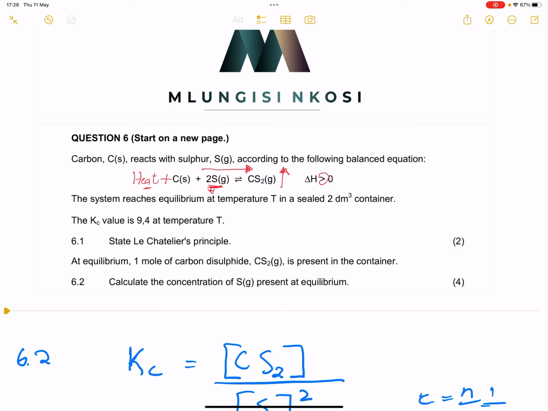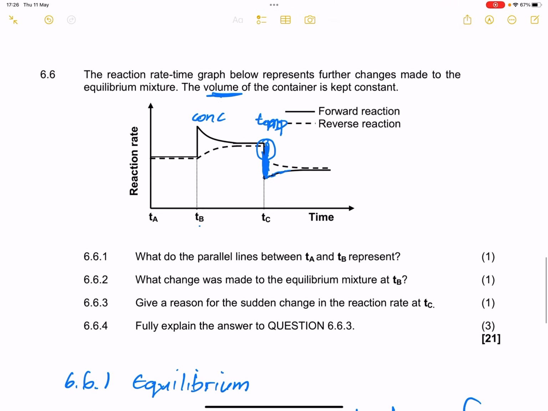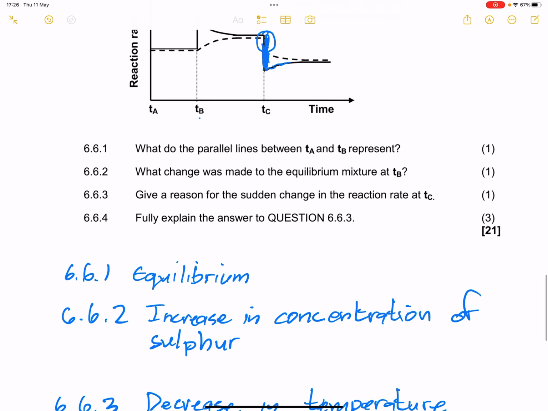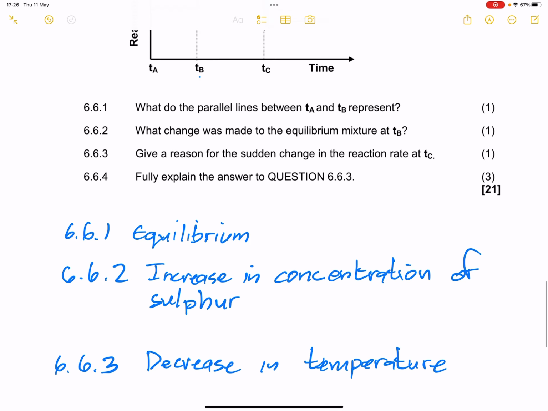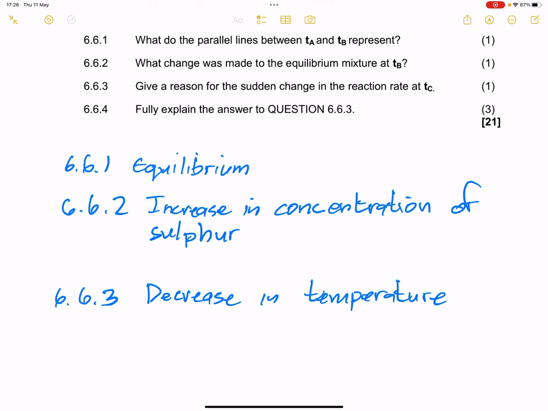So the reverse reaction is exothermic, and that's why it would be favored in that case. You can see that the reaction rate for the reverse reaction decreased there, whilst for the forward reaction it started to increase gradually. Right, so we are going to explain that part.